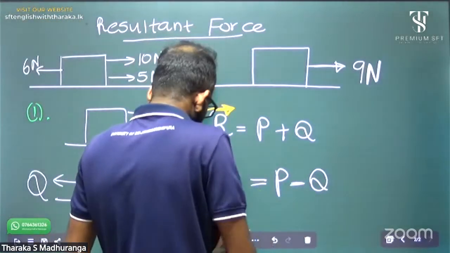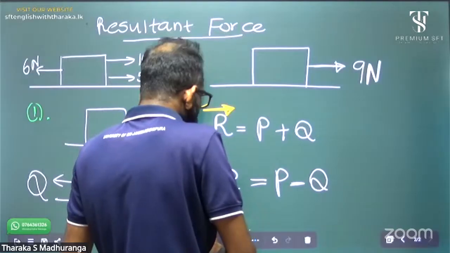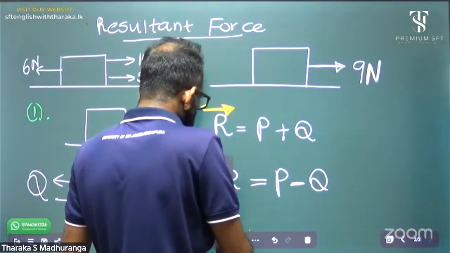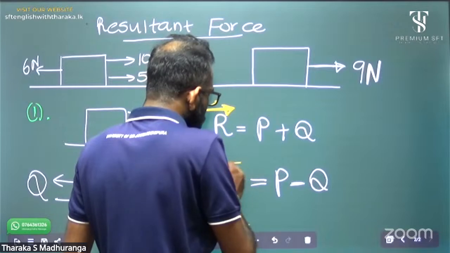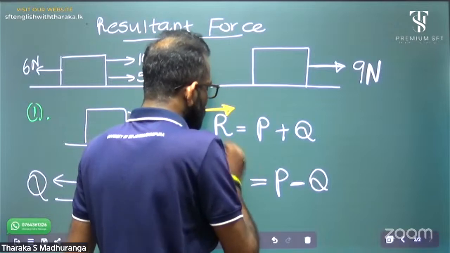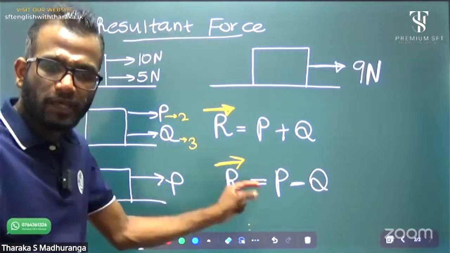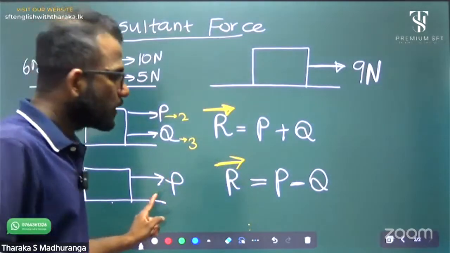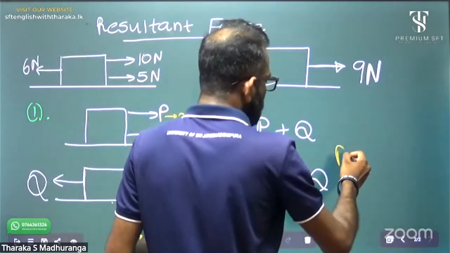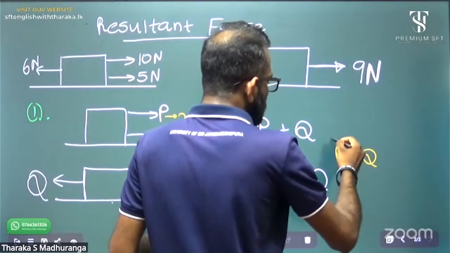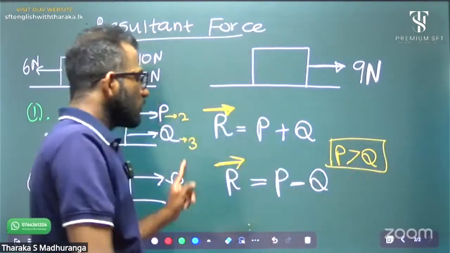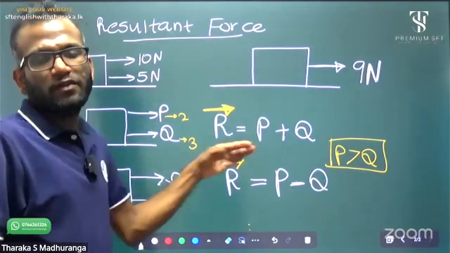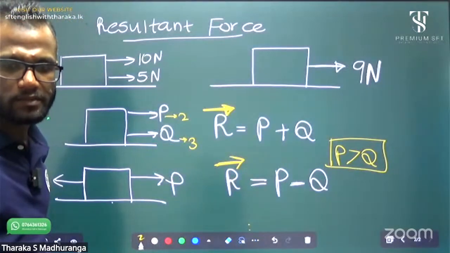Then what is the resultant force direction? Remember, resultant force direction is always equal to the higher force direction. If P is greater than Q, the direction of the resultant force equals the P direction.